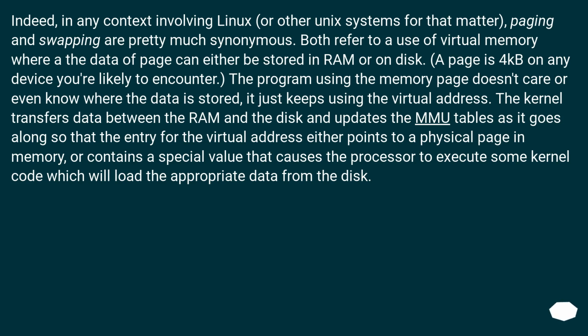The program using the memory page doesn't care or even know where the data is stored, it just keeps using the virtual address. The kernel transfers data between the RAM and the disk and updates the MMU tables as it goes along so that the entry for the virtual address either points to a physical page in memory, or contains a special value that causes the processor to execute some kernel code which will load the appropriate data from the disk.